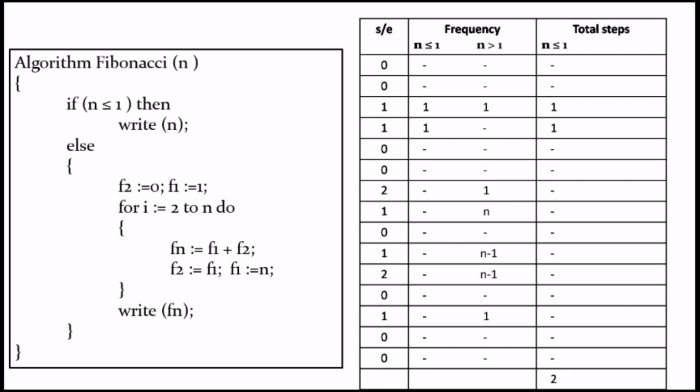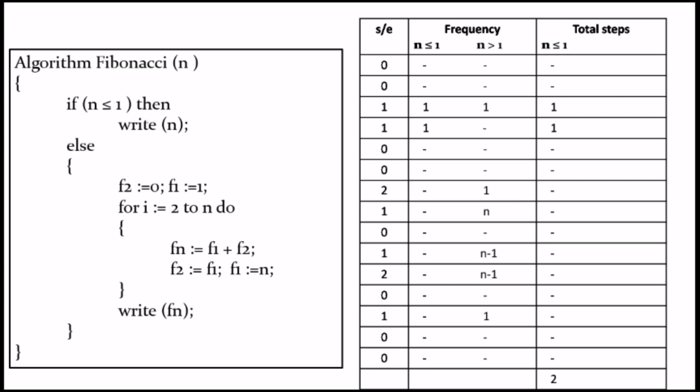So the first two lines will be considered as 0, because the first is the name and then the opening floor bracket. Next is the if condition. So here we are checking the condition. Even though the condition will become false, we are executing that statement, that is if n is less than or equal to 1.